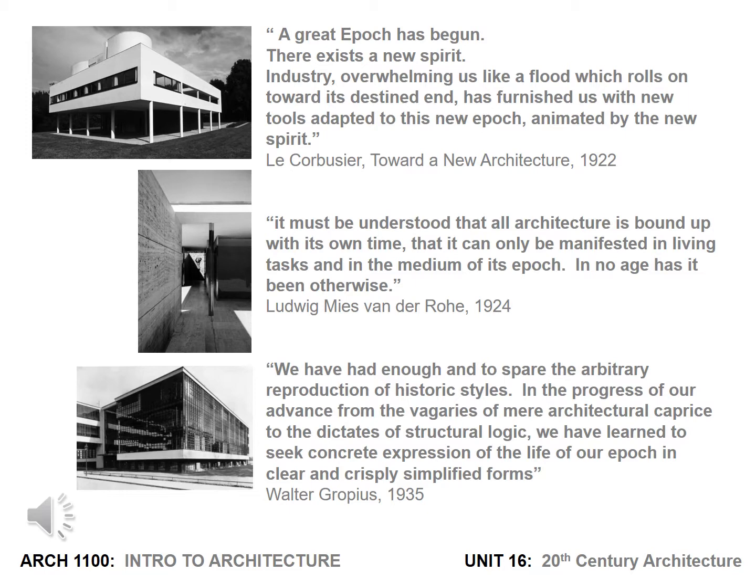The idea that better housing, for example, might reduce child abuse or some other social ill of the time. But most importantly, the 20th century was to be the century of the machine, a century of speed and mobility, and architecture for this new epoch would proclaim the glory of mechanization.